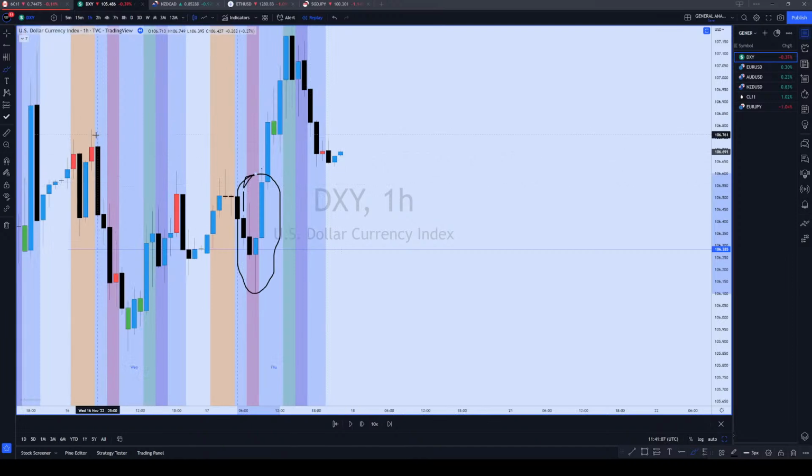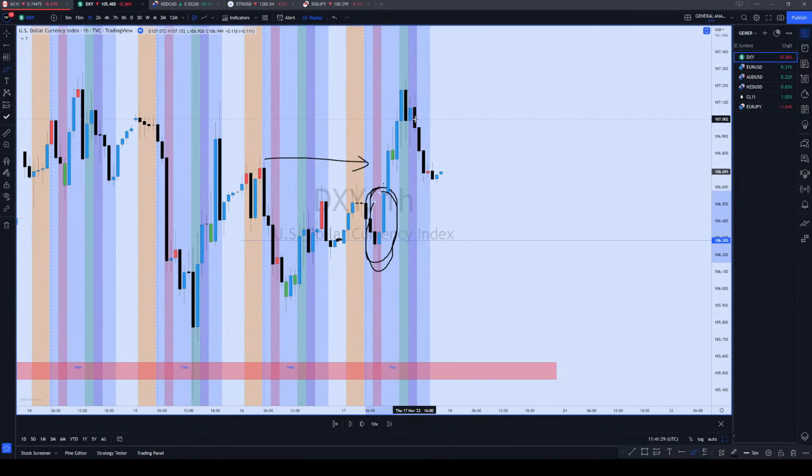Because this is Wednesday, this is how the day ended. The 9 o'clock candle is here, or the 10 o'clock candle is here. So that's the closing price right there. So once we have this, it gives you what? A confirmation that price is going up.